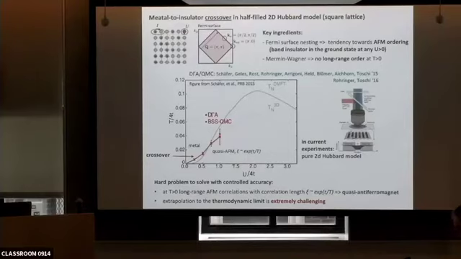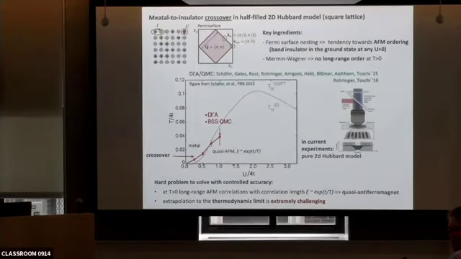Perhaps the most advanced work is this one done by Thomas and collaborators, where very advanced methods were used to demonstrate that the insulator appears in a crossover.